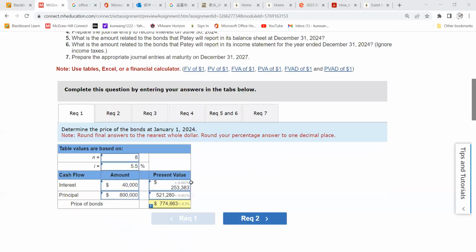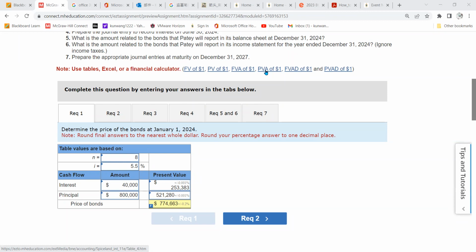So for calculating the pricing, you need to use the present value tables. You can use the tables with the question. They give you 6, but mostly we only need the second, present value of $1 for the maturity amount, and then the present value of the ordinary annuity, the first one, PVA.